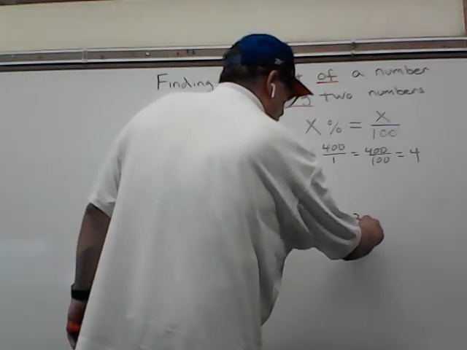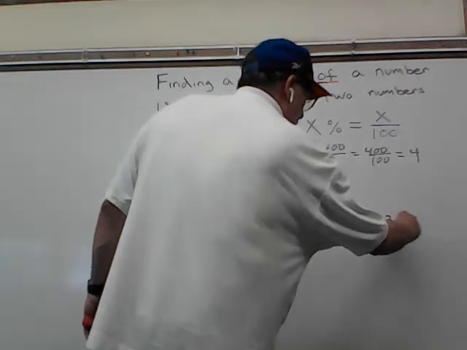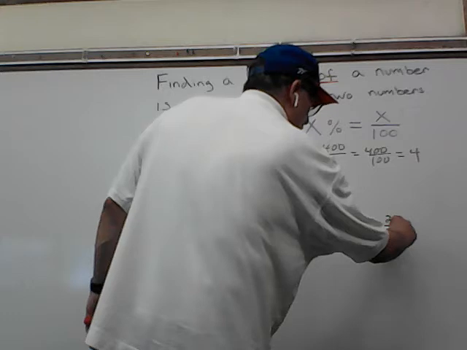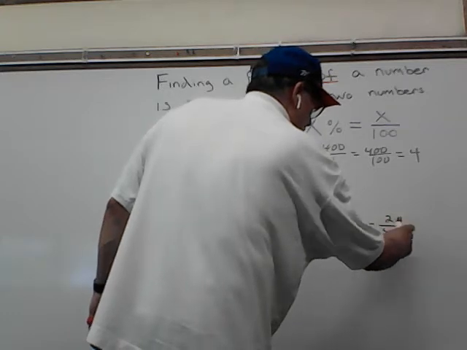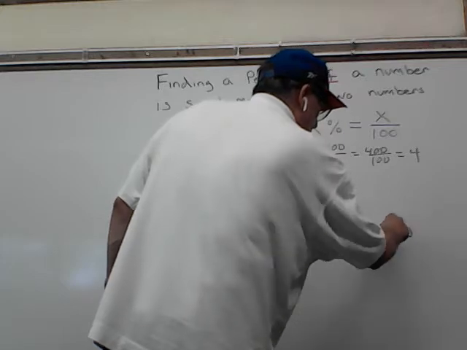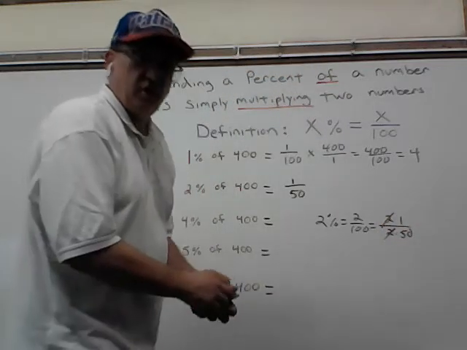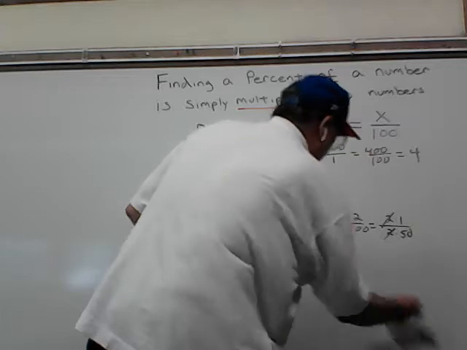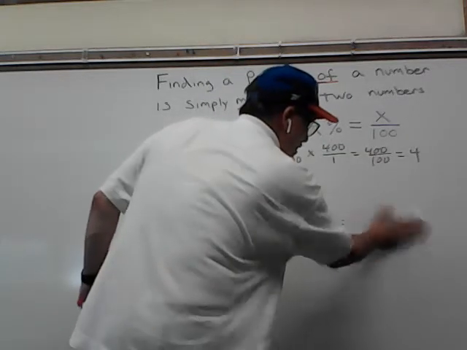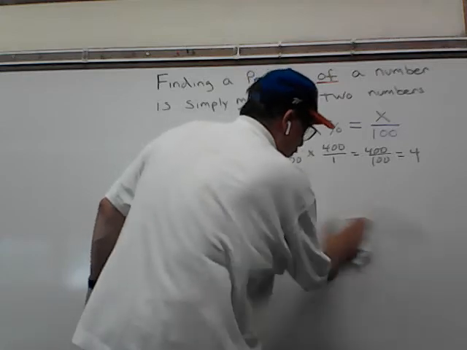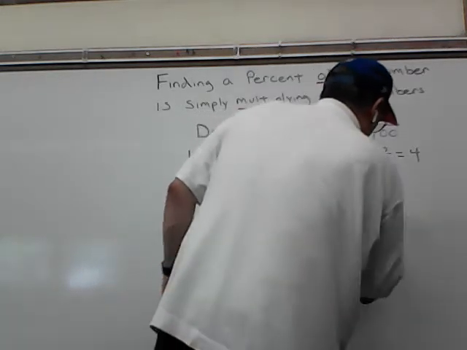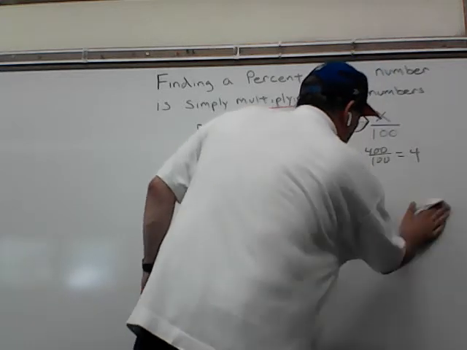2% is 2 over 100, but 100 is 2 times 50. So we can cancel those 2's and get 1/50th. You should be pretty comfortable with the fact that 2% starts its journey as a fraction, as 2 over 100, but it ends up as 1 over 50 if we simplify.